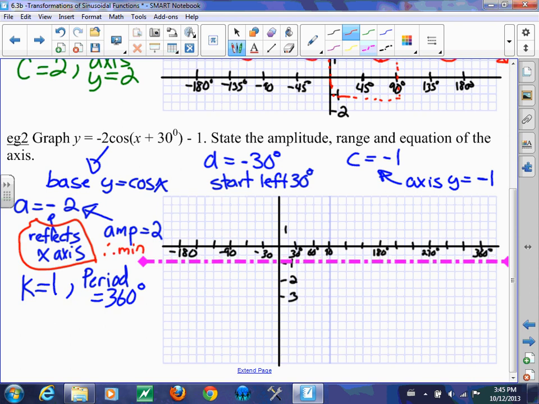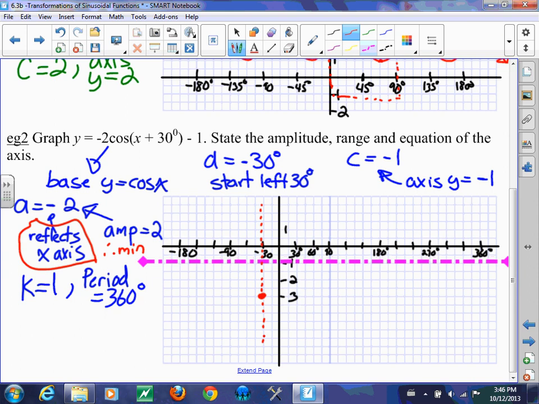That's our starting point. We need to find our minimum value at negative 30. So negative 30 is the start of our box, and we're going to go to our minimum. You take your axis and subtract your amplitude. It's going to get you negative 3. That's where we're going to start.